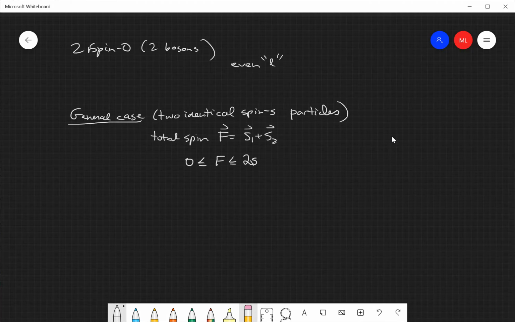But we know more. We know about what happens when we add the spin to the orbital angular momentum, right? We know that the total is going to be, of course, F plus L, the orbital part. And we know how those things add because we studied addition of angular momentum.